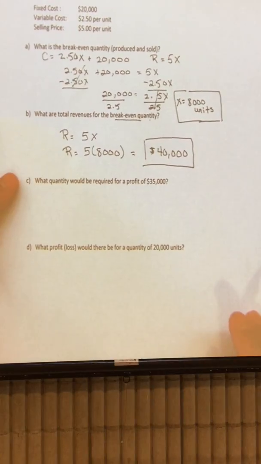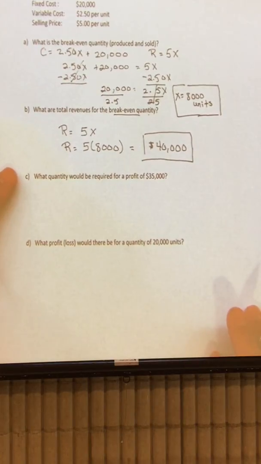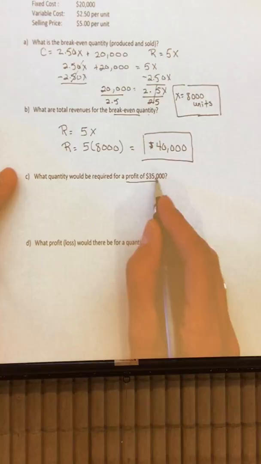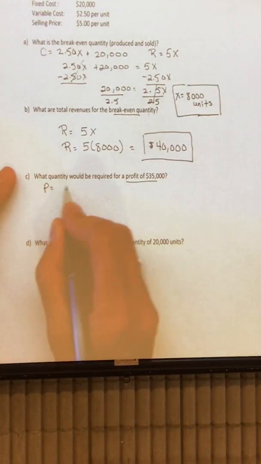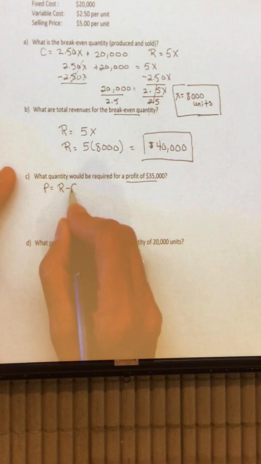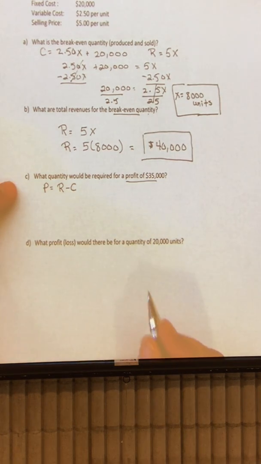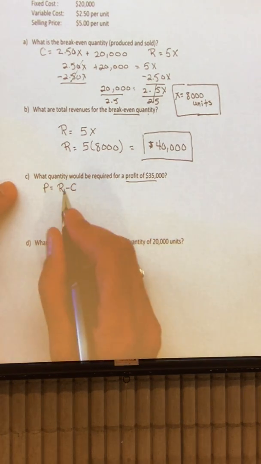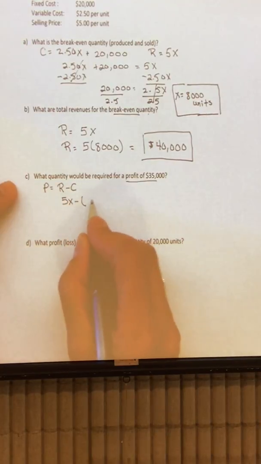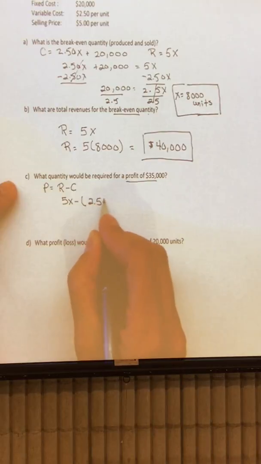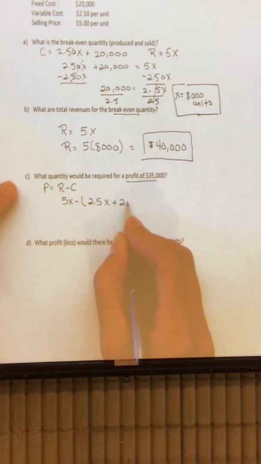Moving on to letter C, what quantity would be required for a profit of $35,000? Again, remember our profit equation is the revenue minus the cost. So now we have the revenue, which is 5x, minus the cost function, which is 2.5x plus 20,000.